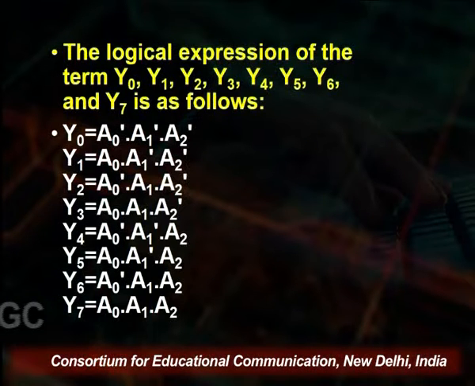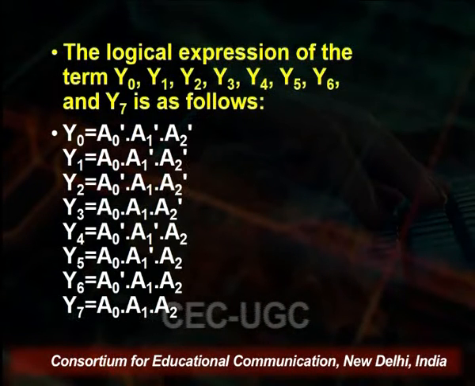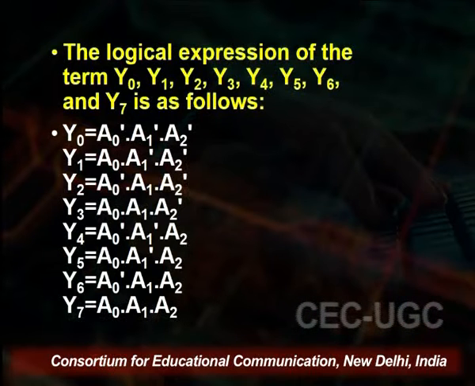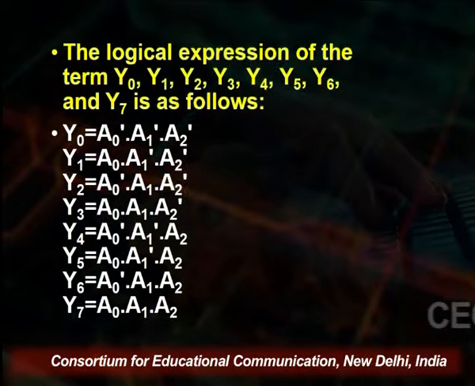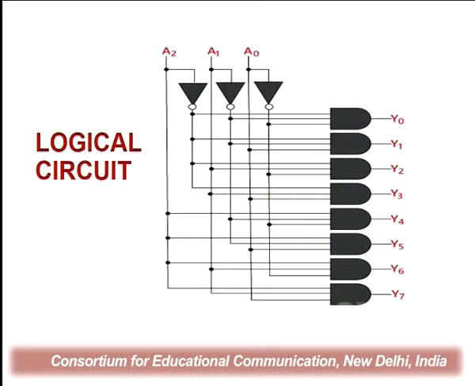The logical expressions of the terms that we get out of the truth table are very clearly visible here. Each term Y0 to Y7 has a term written in front of it which represents an octal number. The same expression has been depicted in this logic circuit with the help of the gates that we see. You see an input A0 in the direct form and also in the complemented form going through the inverter.